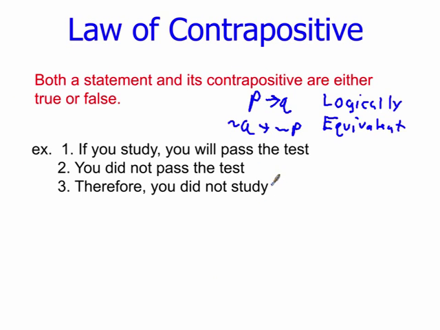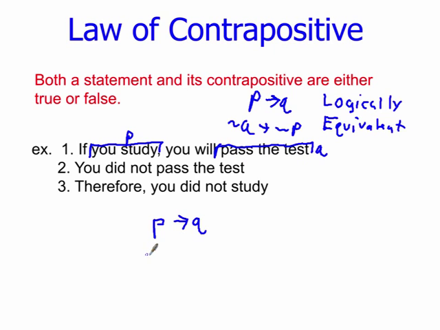If I look at this example, it says, if you study, then you will pass the test. You studying is our hypothesis P. Passing the test is our conclusion Q. So this is a way of saying P implies Q. Here it says you did not pass the test.